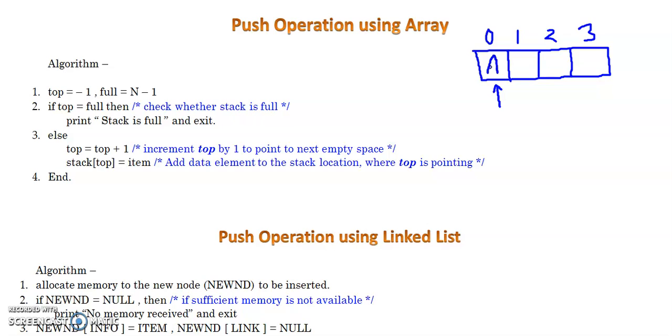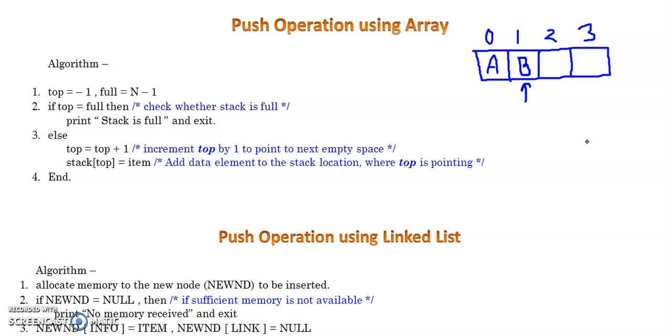Suppose we add an element called A. Then if you want to add the next element, you have to increase the value of top by 1 again. So it will now indicate position 1, and then you can enter the next element. It will continue until your stack is full or until you don't want to enter any more elements.